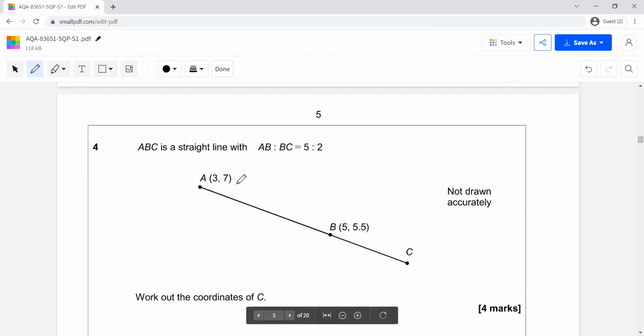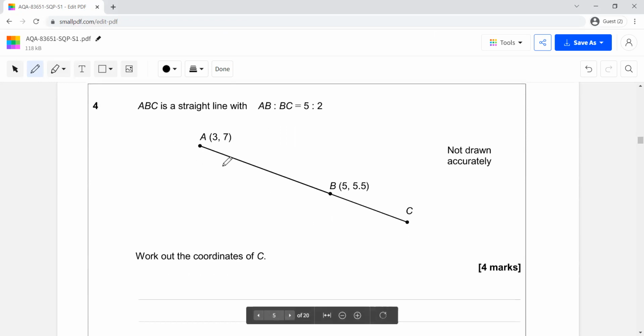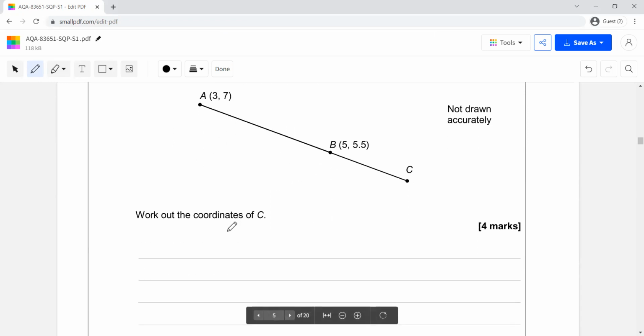Question 4, AB is a straight line with the ratio AB to BC is 5:2. Work out the coordinates of C. Okay, so this is pretty straightforward.